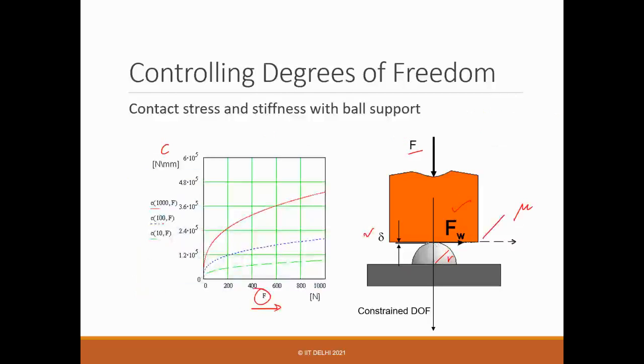What you realize is that for different F, different loading, the curve for the stiffness is very different. There is a huge variation. Of course, it's non-linear. If you are looking for low stiffness, you can take this number, but if you are looking for high stiffness, then you have to choose accordingly.